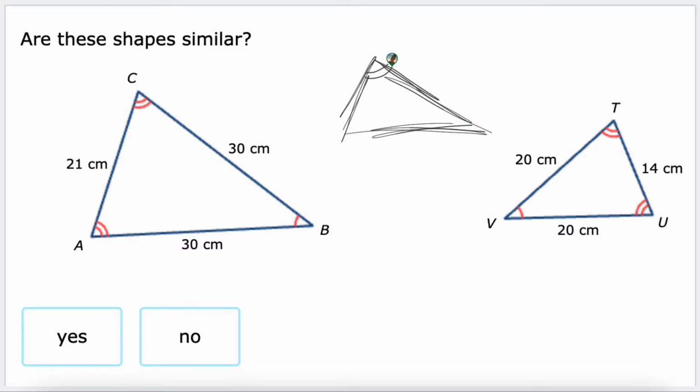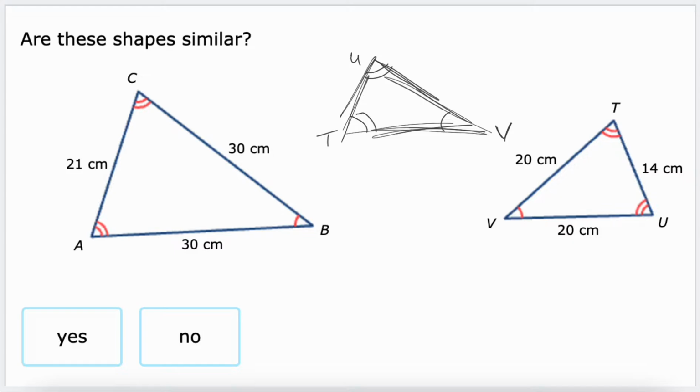We would have our 2 here and our 1 here, right? So this would be angle V because that's where our angle with the 1 line is. And then we would have, I gotta use my imagination, U and T over here. Okay, so we just kind of rotated it, and that's okay.